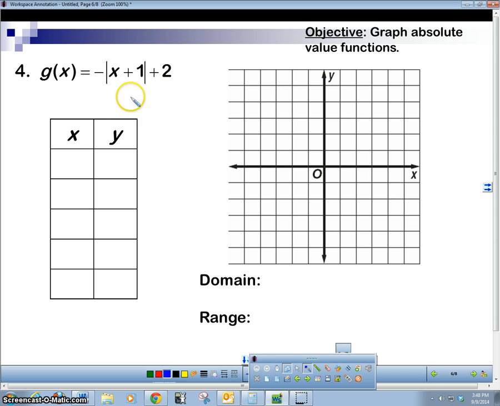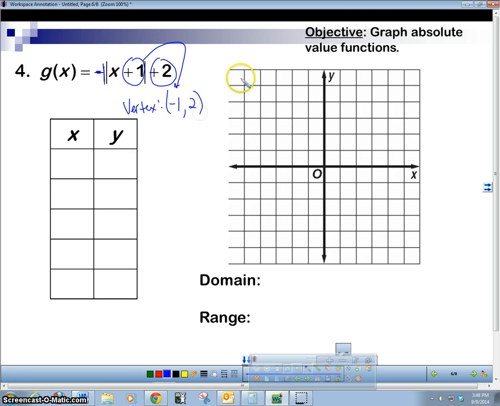Okay. So the vertex is, remember, this is a negative 1 here, right? Negative 1. So the vertex is going to be negative 1, because I get that from here, comma 2. So let's draw that. Negative 1, comma 2, 1, 2. Then what I'm going to do, I have a negative 1. So negative, remember, I go down 1 and over 1.